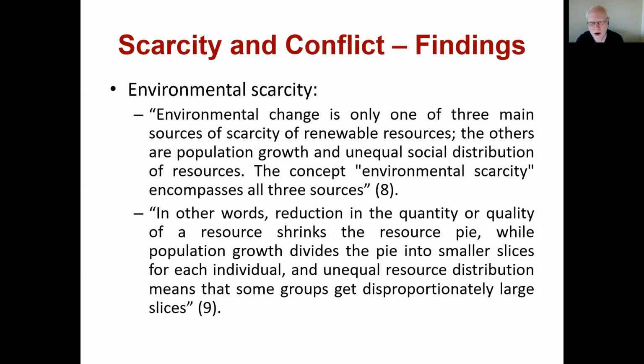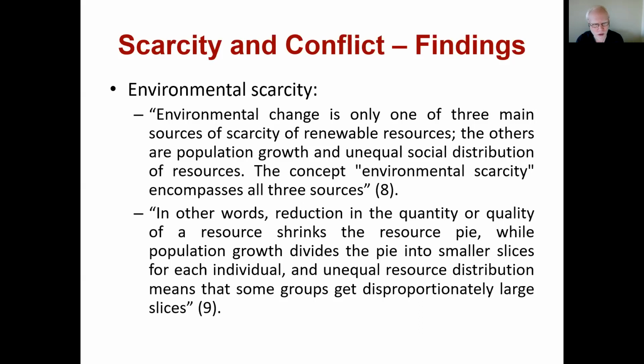So when we talk about environmental scarcity, we're really talking about the combination of environmental change, so the degradation or disappearance of things like agricultural land, combined with population growth and unequal social distribution of resources. The way they fit together is to think of it in terms of a resource pie.